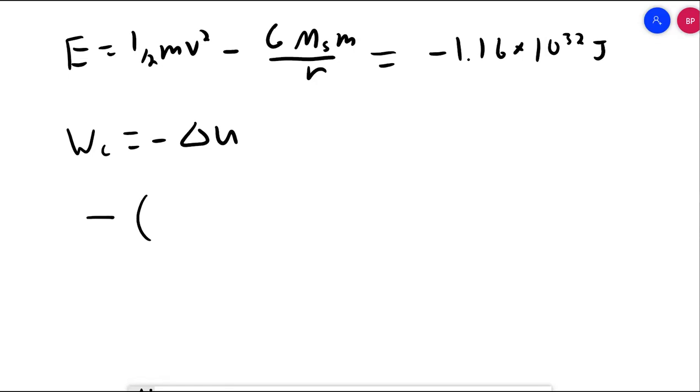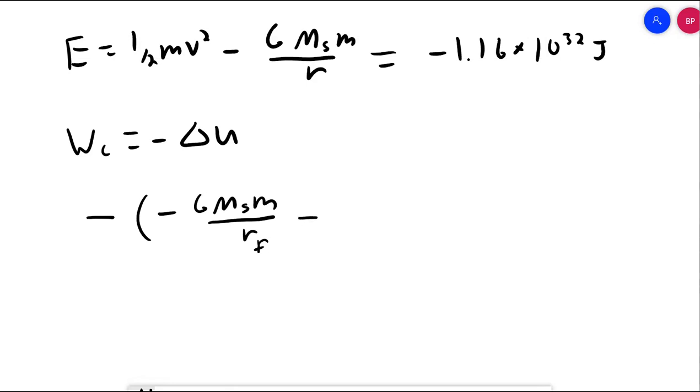And so it has the form minus G times the product of our masses divided by R. And so since we have a change, we'll use the final R. So this is the distance that we ended with.